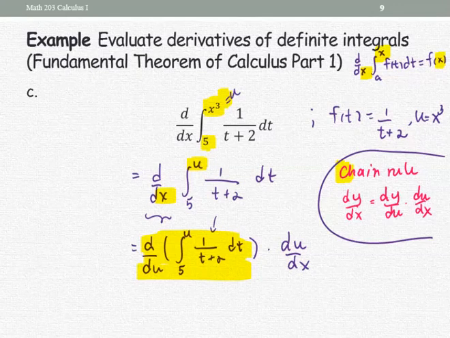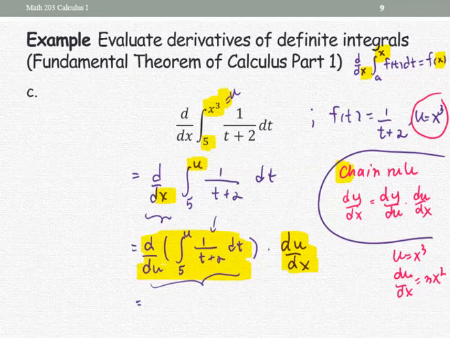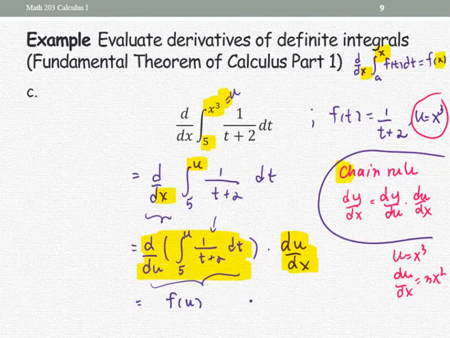But the second part is what we have to work on: what is du by dx? From the note that we set aside, since u is x to the third, then du by dx is 3x squared. Now we're going to replace the du by dx in the problem. For the first part, we can apply the fundamental theorem of calculus part 1 to get the function of the variable u and then multiply by 3x squared.